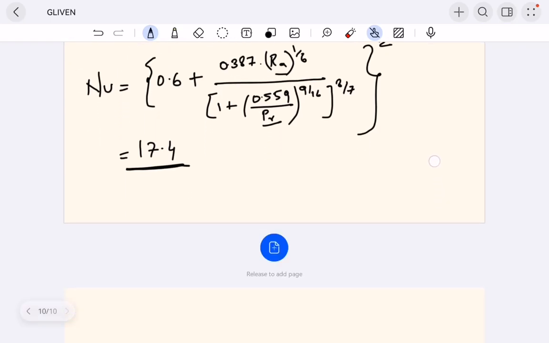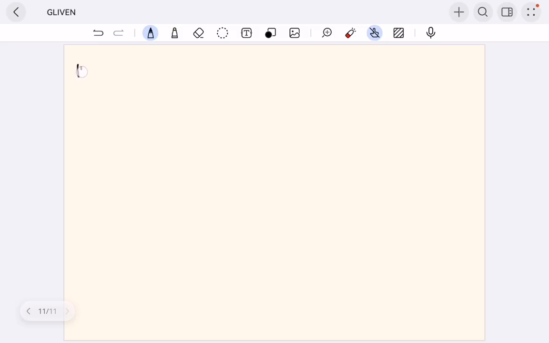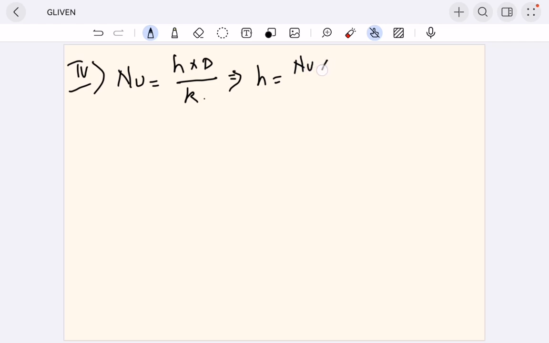Now step 4. For general convection, the Nusselt number is H times D divided by K. Now I should calculate H, because that is required for my heat transfer calculation. So H is equal to Nusselt number times K divided by the diameter.